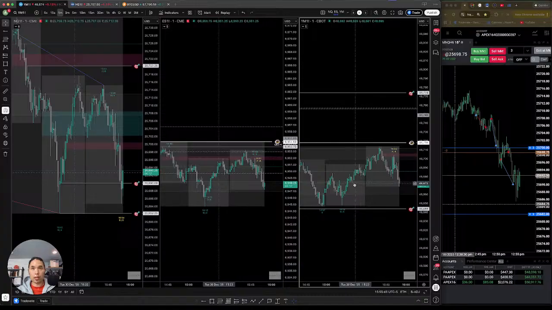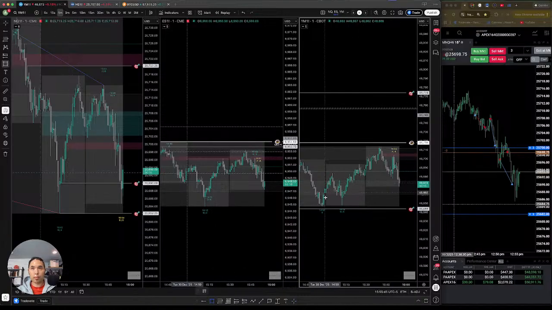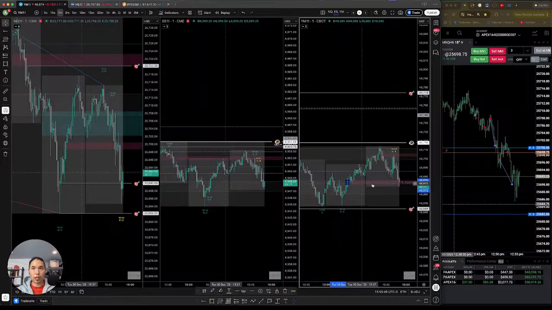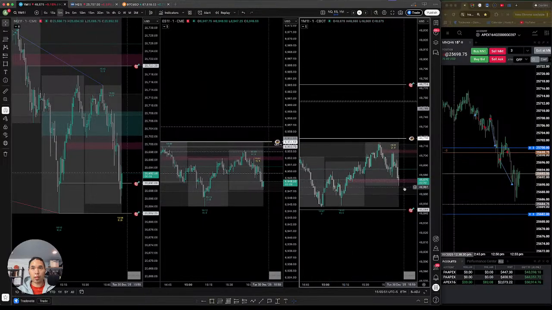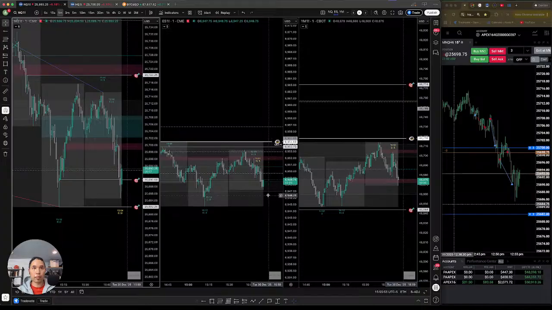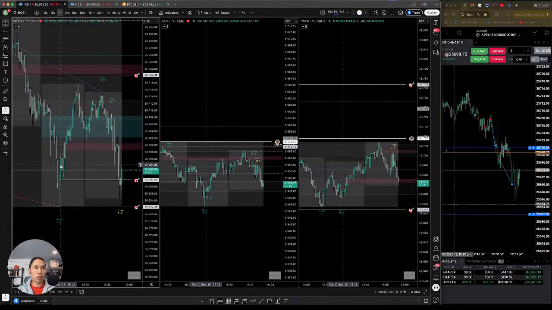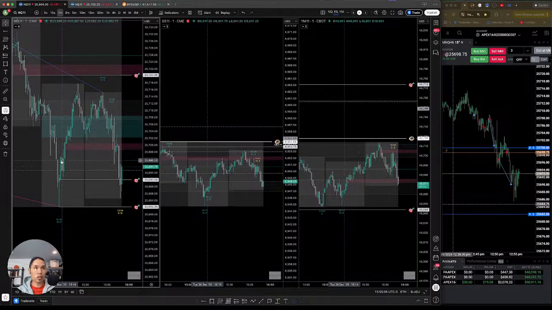I'm going to see YM just displaced below here. You just see that gone through on YM. The mitigation block. See if this holds here.